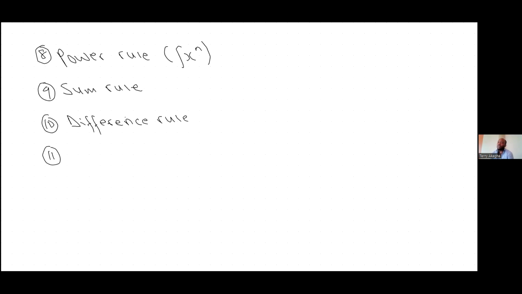It's called integrating simple fractions. Okay. So that is that.